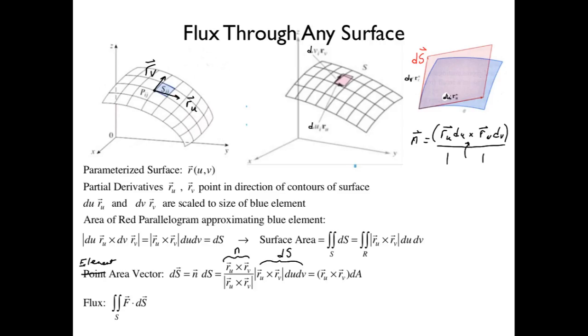Okay, so then we know the flux is going to be the double integral over S of F dot dS. And we have what dS is now, the dS vector. So it's F dot r_u cross r_v dA.